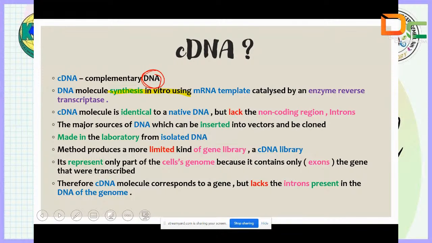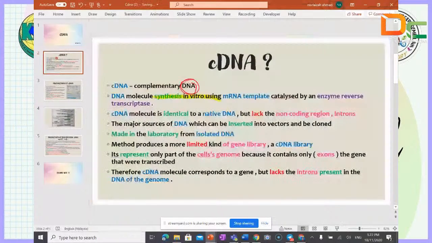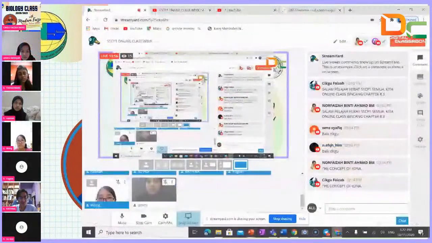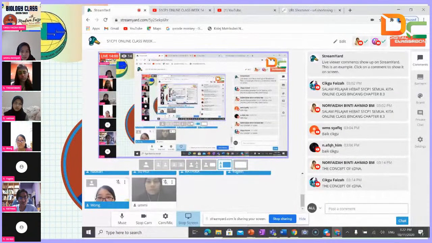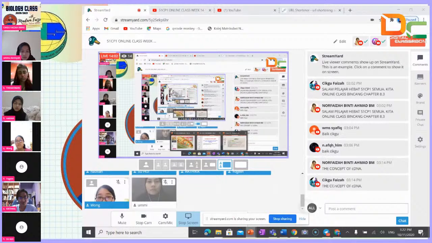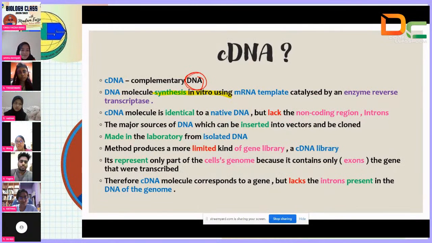Okay, mRNA template. Wait, teacher wants to change the layout a bit so your friends can see better. Okay, so you can continue.